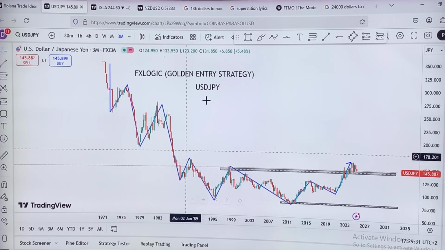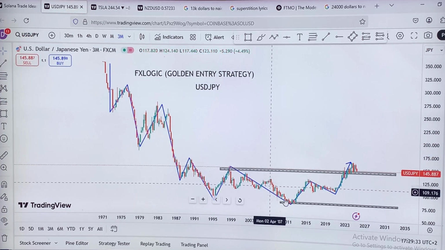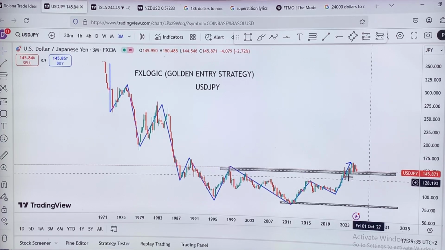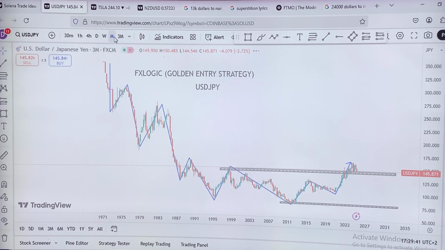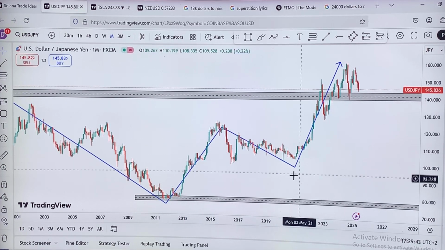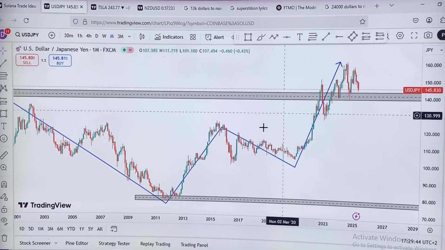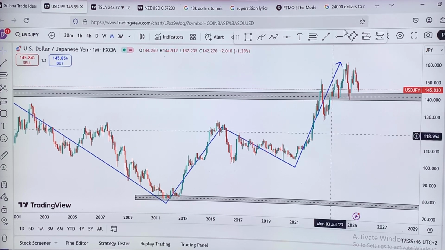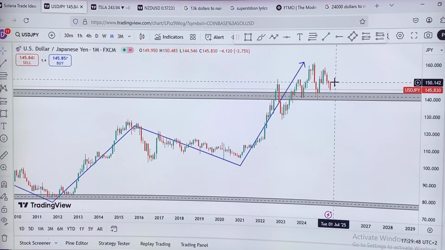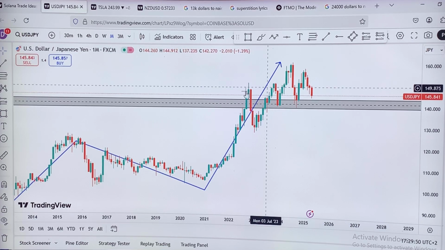So now we've analyzed the overall chart. We want to focus on what is happening at the current time frame. So we want to look at the monthly. We want to see what's happening here. So right here, we are focused here. What can we see?